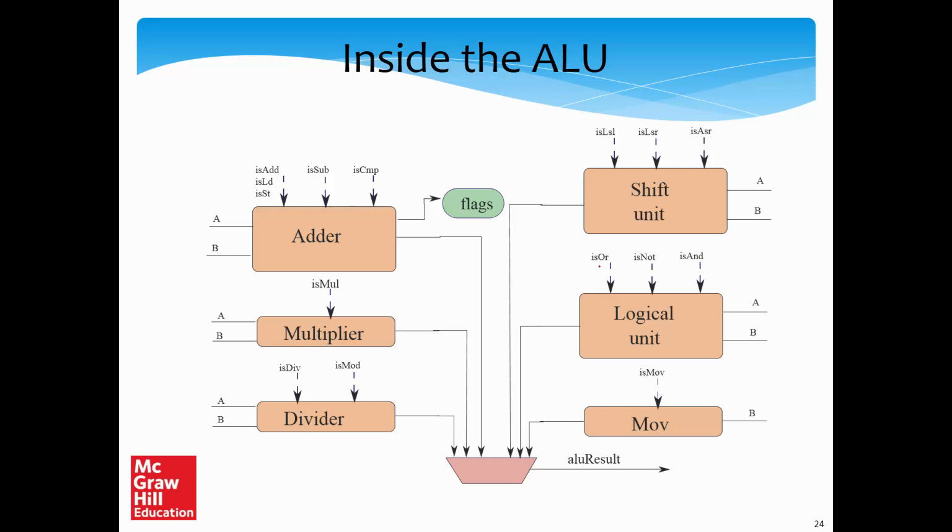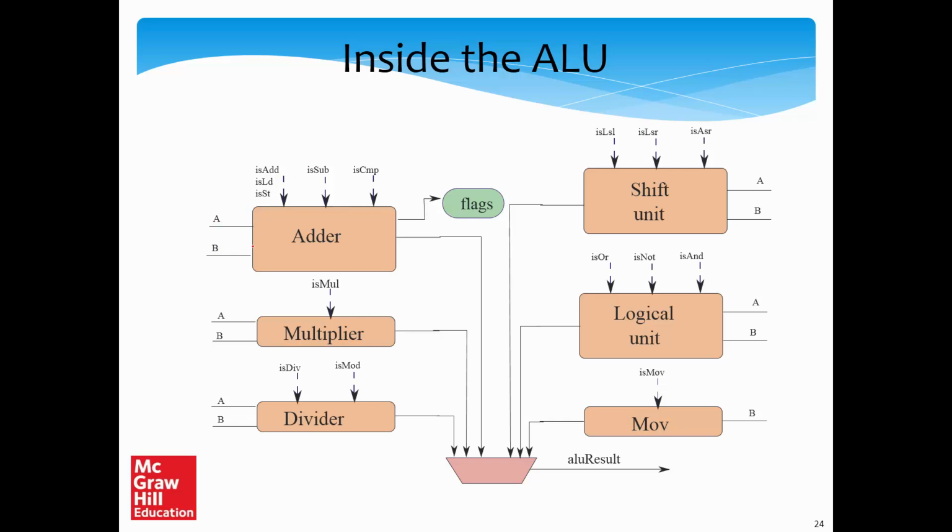Let's take a look at what is happening inside the ALU. Inside the ALU we have many functional units. The most important unit inside the ALU is the adder. The adder actually does several things. Of course it does regular addition.